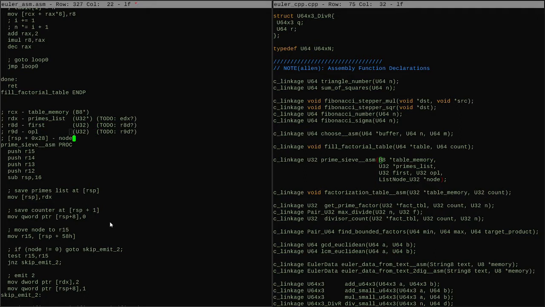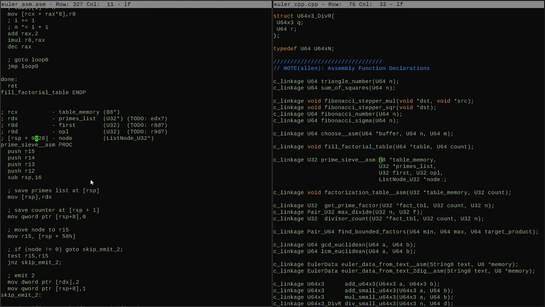And yeah, let's see. And that's a list node pointer.